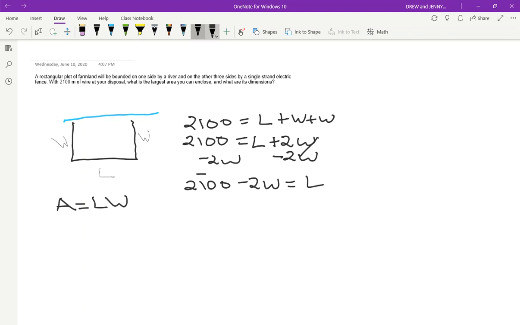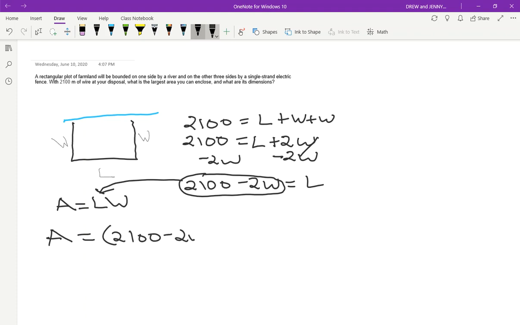We can substitute this statement for length into our area equation. And when we do that, we now have an equation for area that only has one variable, the width variable. Now that we've done that, we can find a derivative and go through the process of finding a maximum.